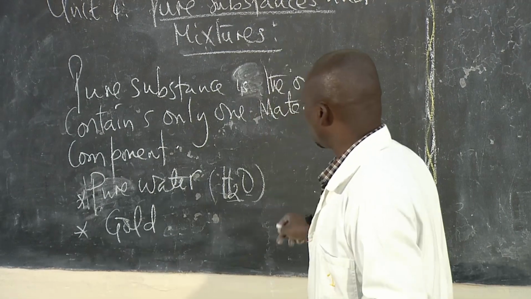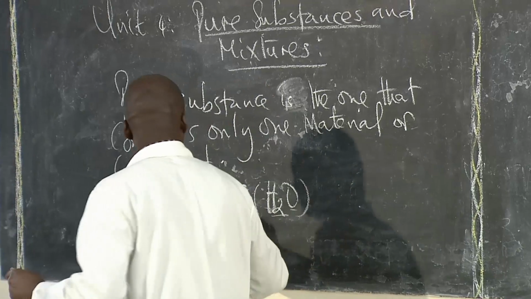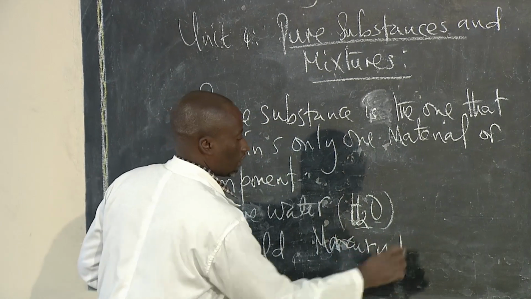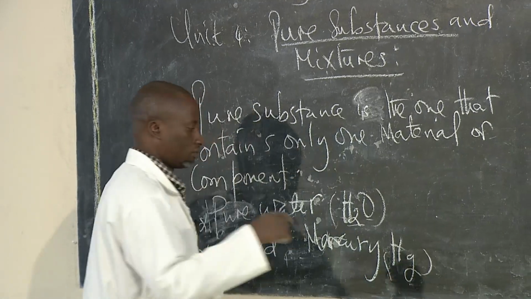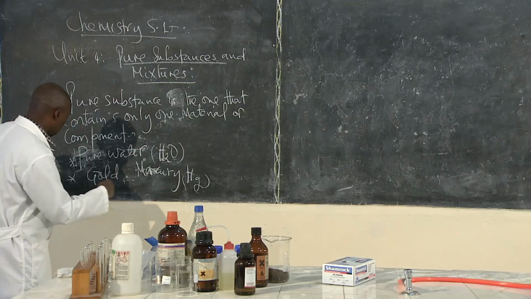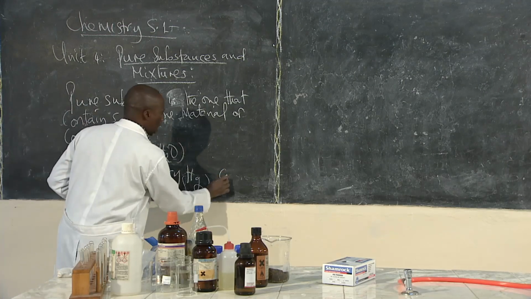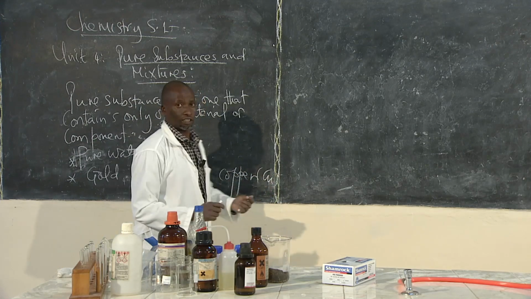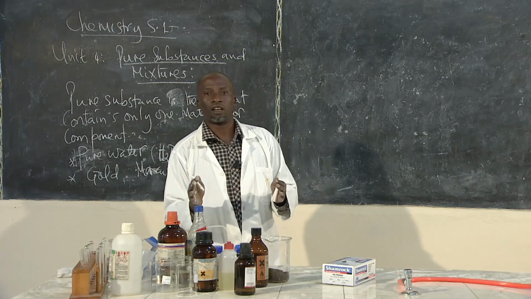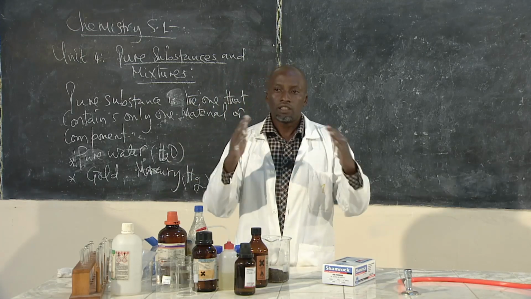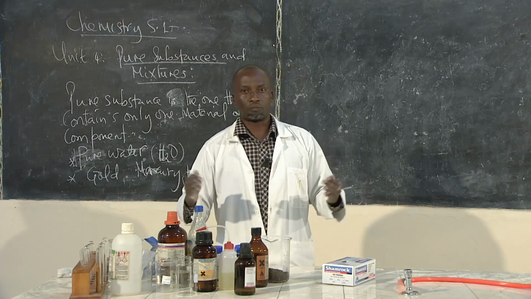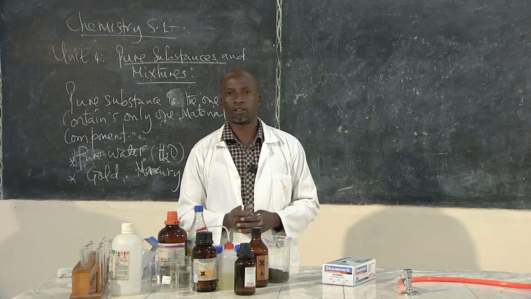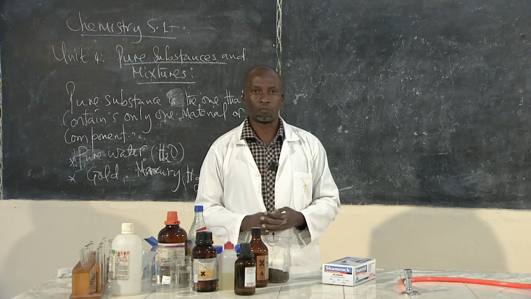You can talk about gold, mercury, and even copper and so on. These substances may be in pure form. Even other elements that you may know, they exist in pure form.